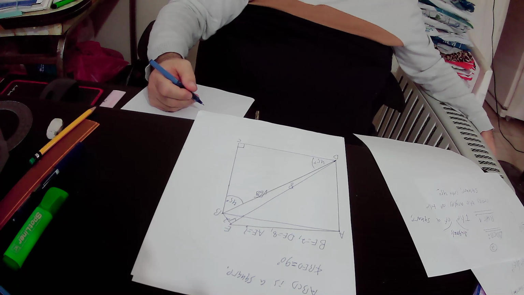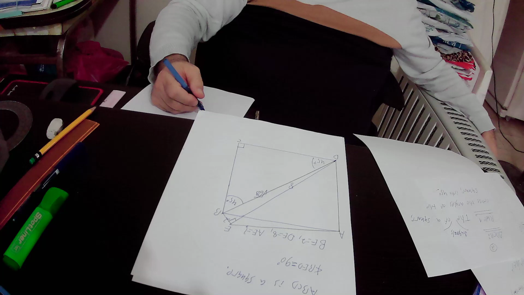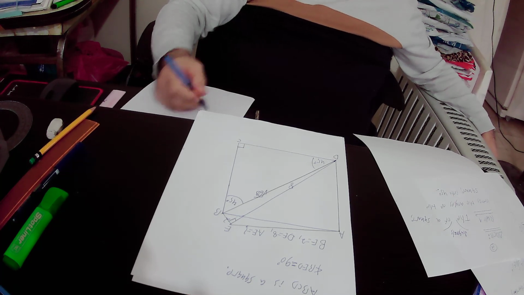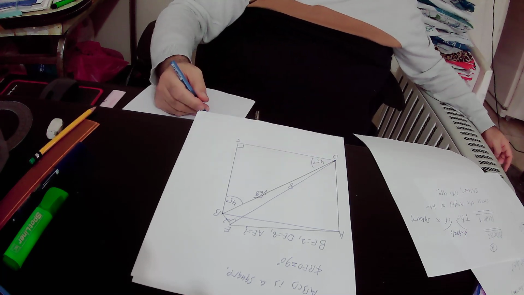The rule means that the diagonals of a square divide the angles of the square into 2 equal parts, and because all the angles of a square are equal to 90 degrees, the diagonals cross them into 2 equal angles, 45 degrees. This angle is 45 degrees, and this angle will also equal 45 degrees. Okay?